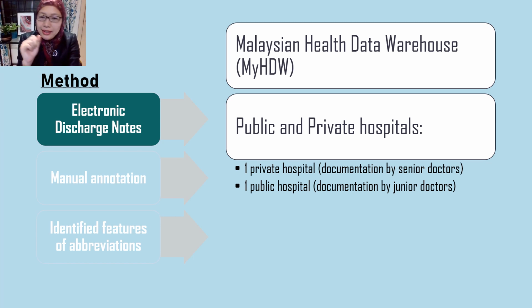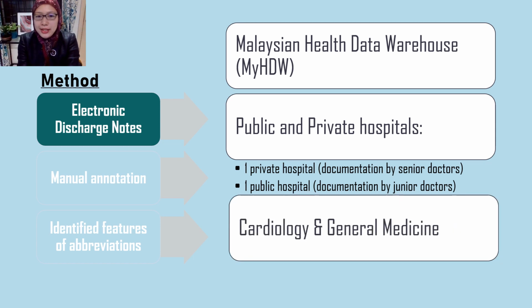On the other hand, documentation at private hospitals is usually by senior doctors who are more experienced. They are hired when the doctors are certified. Usually they are already specialists and can be at consultant level. So they are more senior, and that is the assumption for this study.